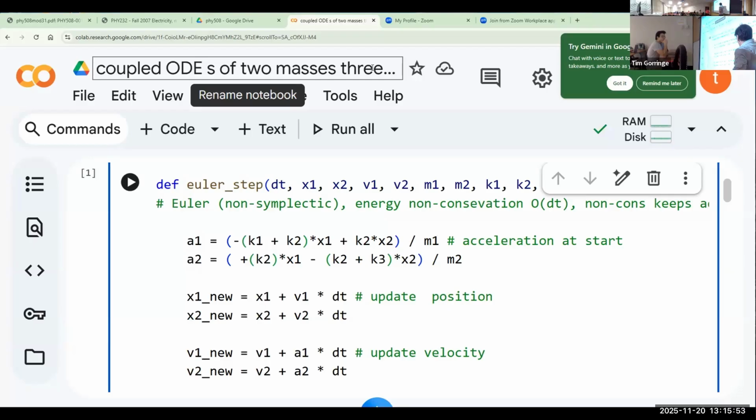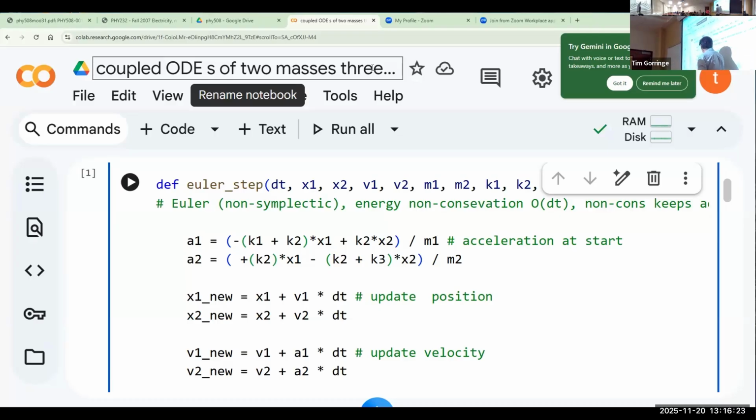So that's this A1 and A2. On the slides, it was x double dot 1, x double dot 2. So that calculates the acceleration. I use these accelerations and the current velocities to project to the positions and velocities at the end of this step in time, delta t.